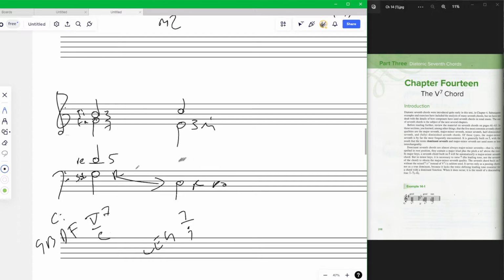Do, Do. Root, root. So we ended up with 3 roots and a third, which is an incomplete triad. But this is the natural voice leading. This is perfect voice leading for it.